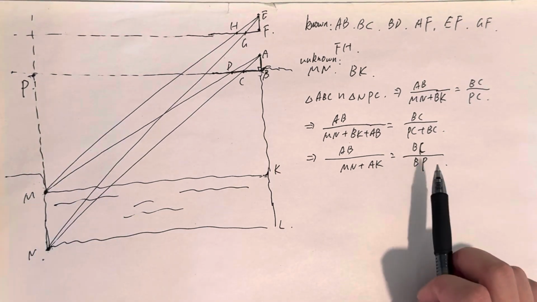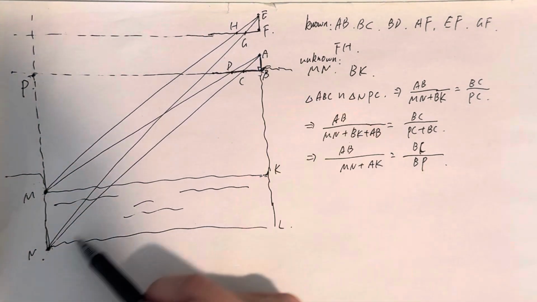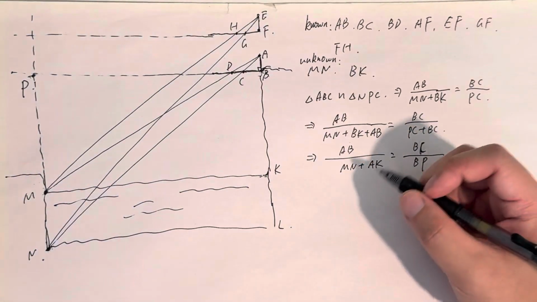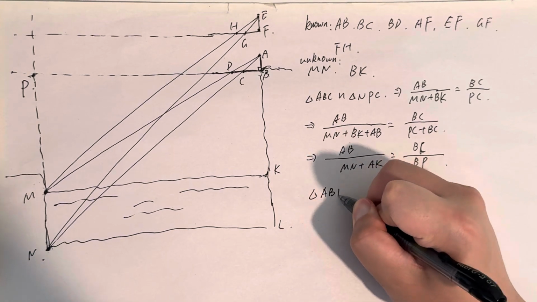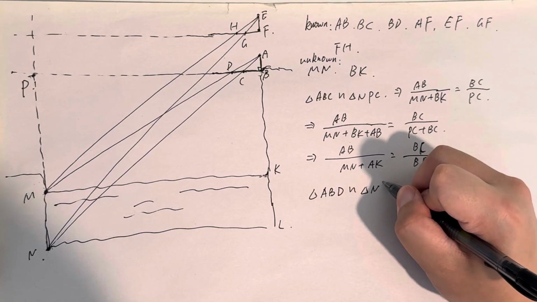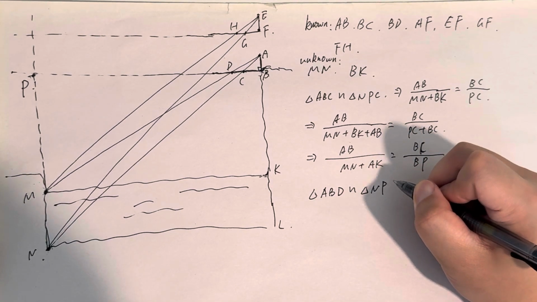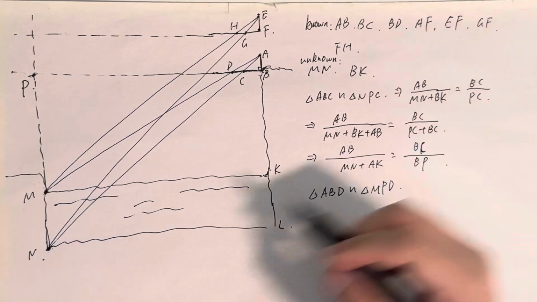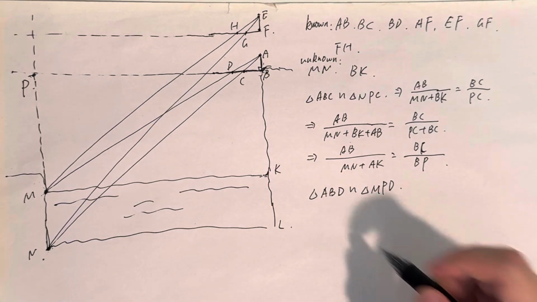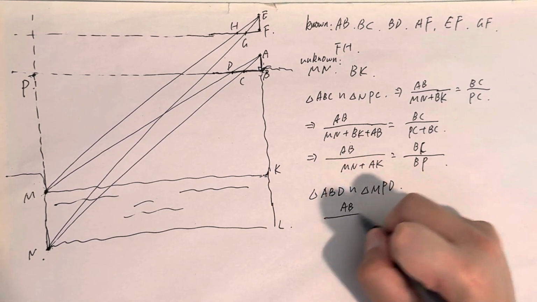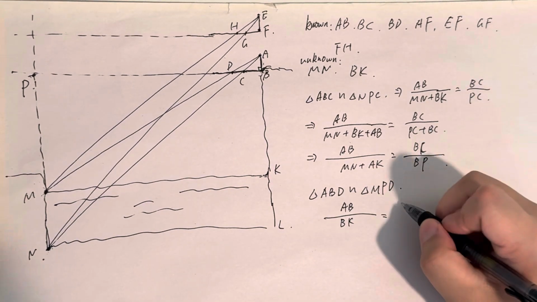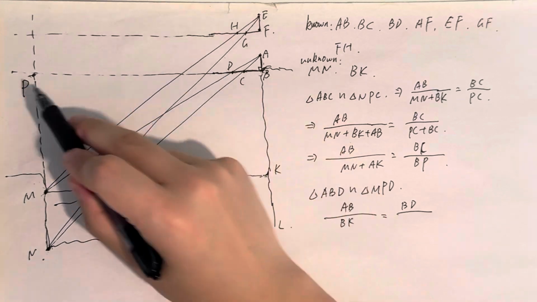That's for the first observation from A to N. And for the second observation, we know that triangle ABD is similar to triangle MPD. So we know that AB to MP, which is BK, equals BD to PD.